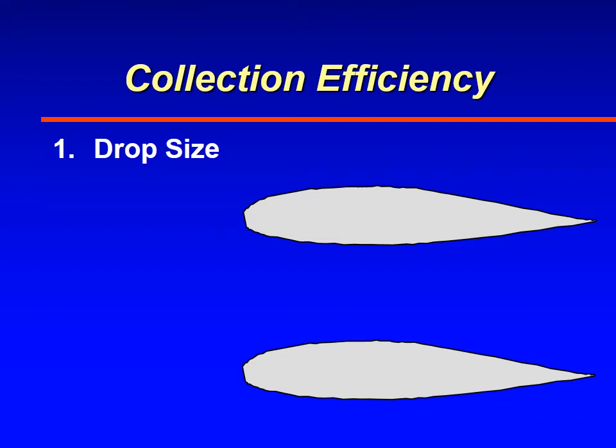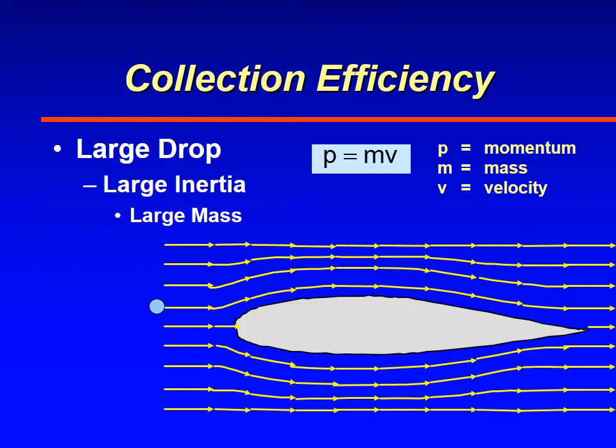Here we have two wings, and we're flying through a cloud at the same speed for both wings, and we see two different drops. All the conditions are the same except for the drop size. On the bottom you've got a small drop, on the top you've got a big drop. The big drop has a lot more mass, and mass times velocity gives you momentum, in other words, the inertia of the drop.